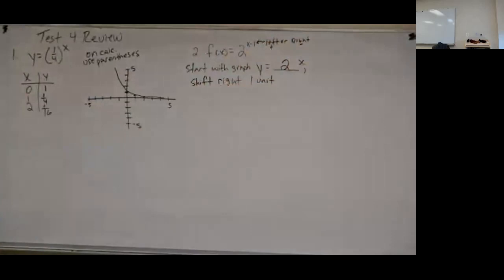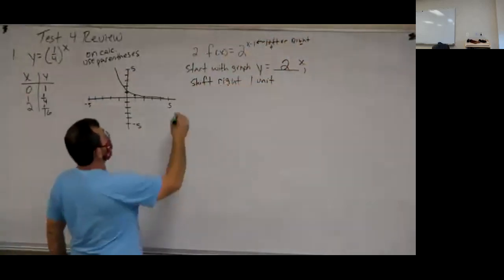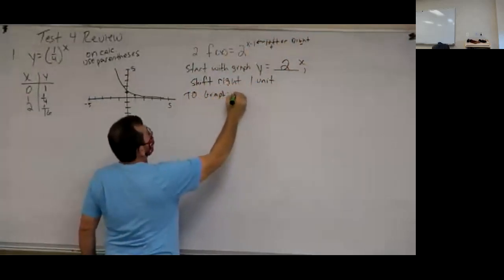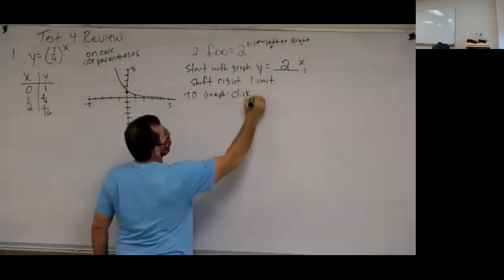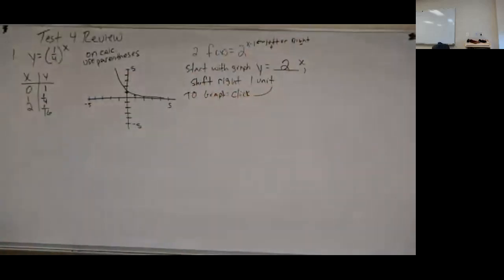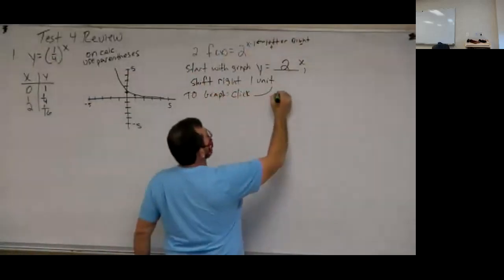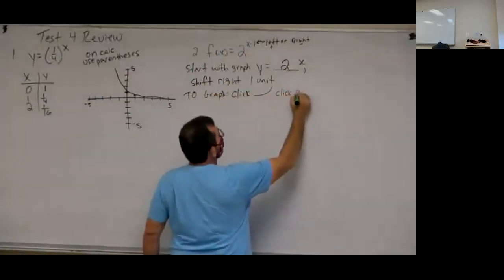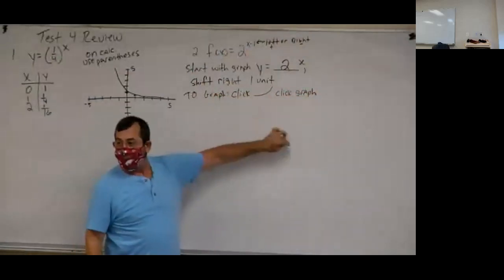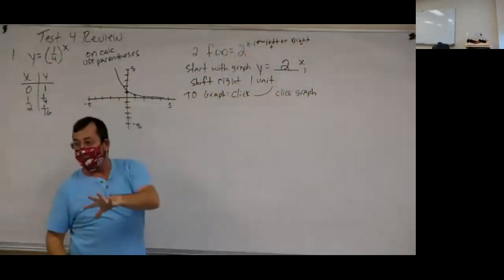Now, I'm going to tell you what you would do to graph this. So to graph, click the graph, it looks like the curve. So you're going to click that curvy graph and then click it into the graph. So you highlight the curve, click the graph, and remember it puts the line on there for you.